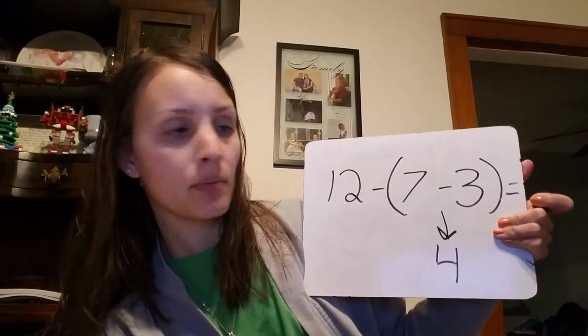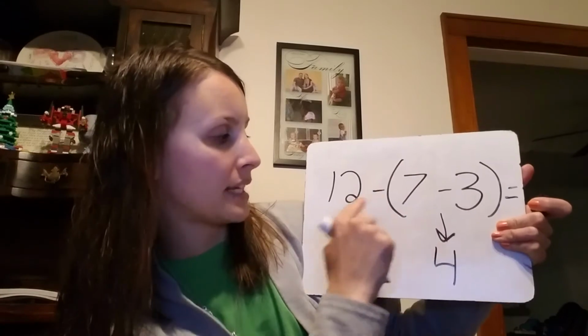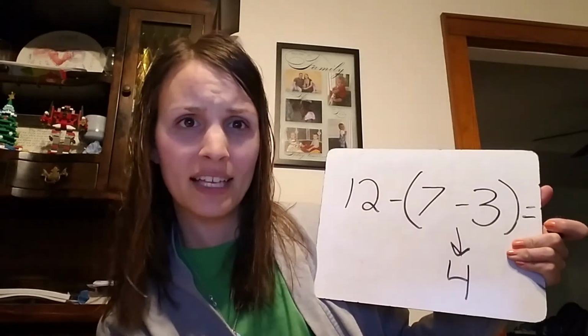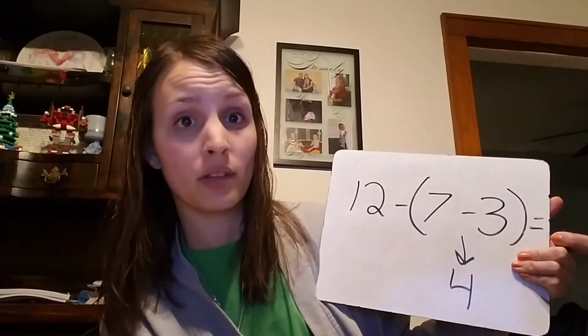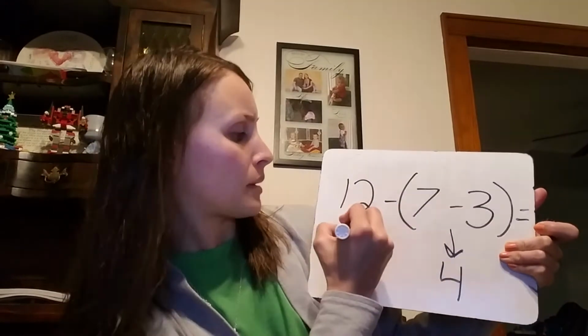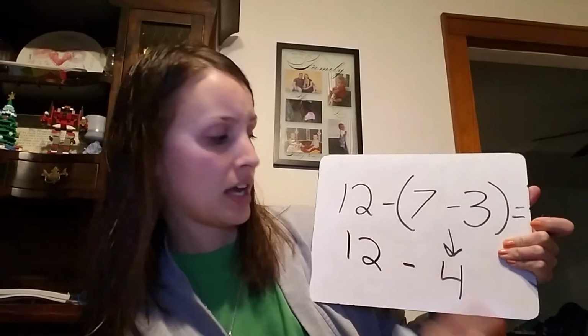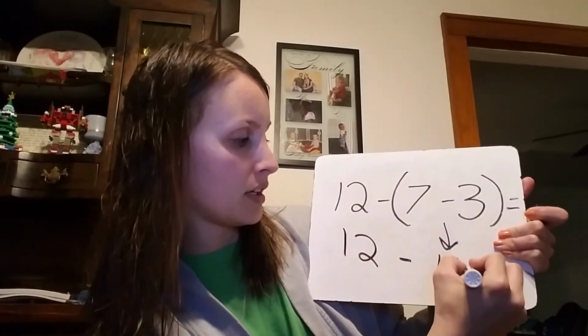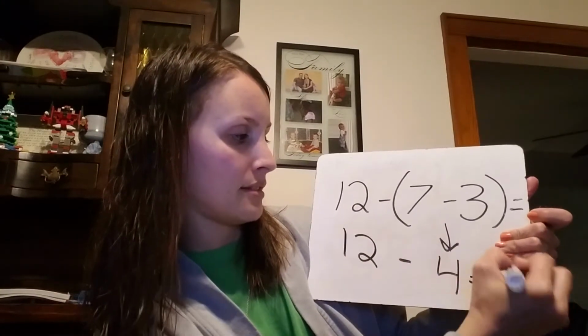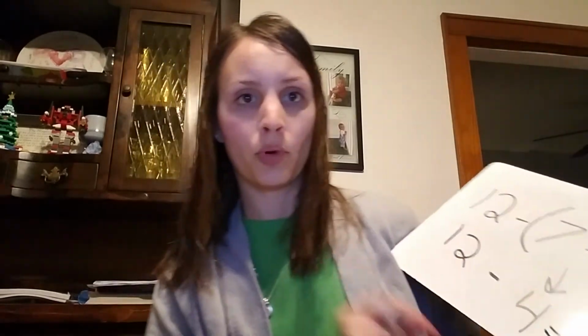Now, some people try to read it backwards and say 4 minus 12. Well, I can't do that, or that's a negative number. I still want to go left to right like I always do. So I'm still going to bring down my 12 and my minus sign because I didn't use those yet. And then 12 minus 4 would be 8. Okay? So parentheses always goes first, but then you're still going to go left to right.